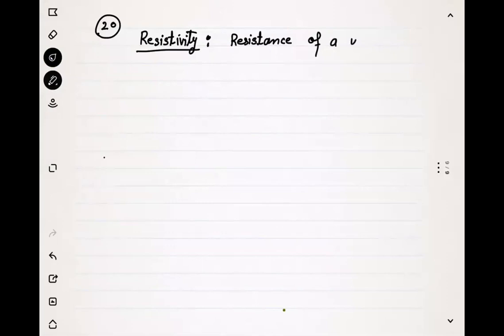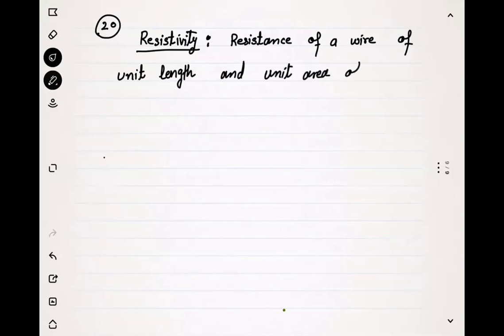Quantity number 20 is resistivity. Resistivity is basically the resistance of a wire of unit length and unit area of cross section.